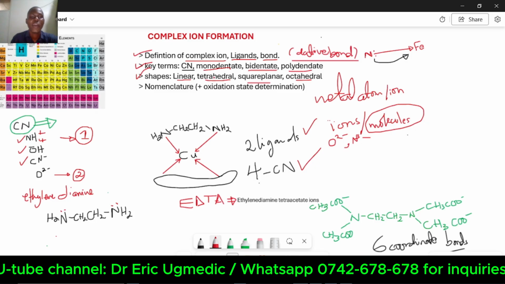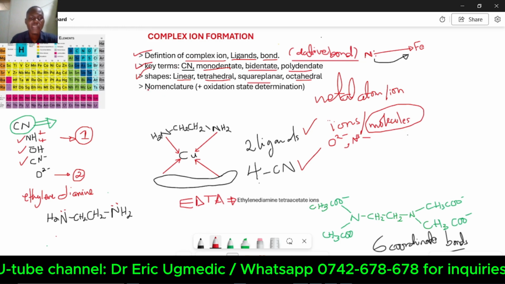Then the tetrahedral, you have 4 bonds. The square planar, same thing, you have 4 bonds. And the octahedral, they are about 6, for example in the hexaaqua copper 2 ions, as we are going to see after our nomenclature. So those are the shapes.